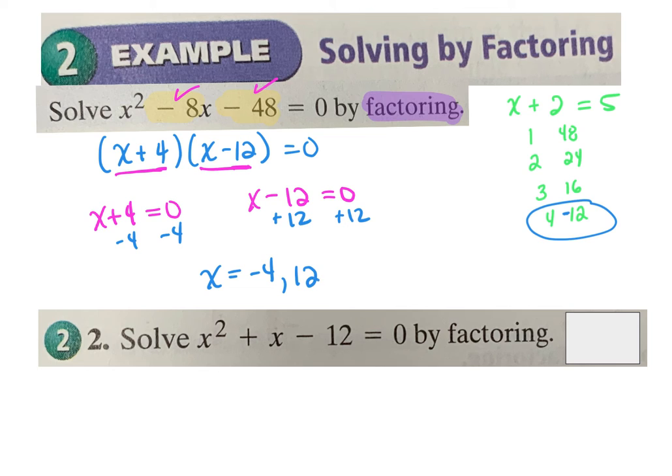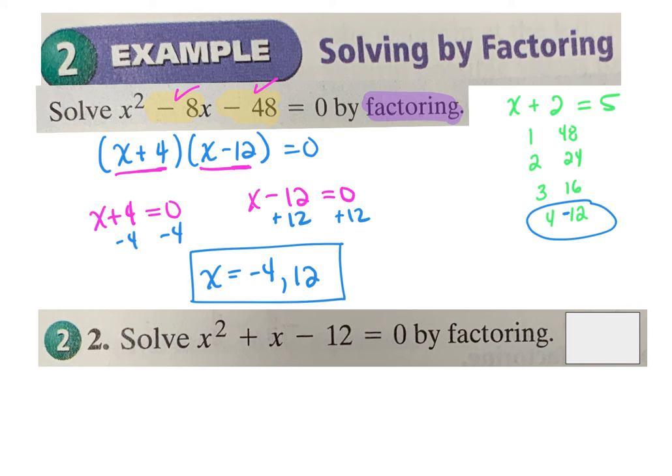X can also equal positive 12. And you can plug it in and check it. So if I plug in a negative 4 squared minus 8 times negative 4 minus 48, I should get 0. 12 squared minus 8 times 12 minus 48, I should also get a 0 there as well.